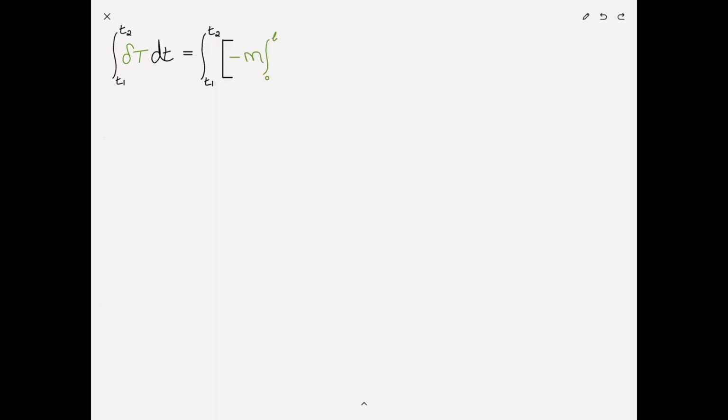So, minus m times the integral from 0 to L of w double dot del w dx, and then minus the two boundary terms. Minus m w double dot at L del w at L minus i m w comma x double dot at L del w comma x at L. And close brackets dt. Okay, and this is it. This is the expression for the variation of the kinetic energy.